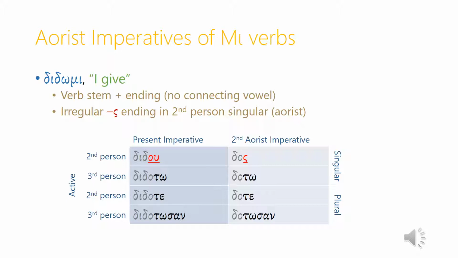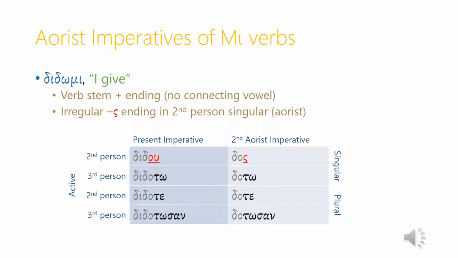Notice on the one hand that instead of the verb stem plus a connecting vowel and then the ending, we just have the verb stem with the ending jammed right onto it, because the verb stem itself ends in a vowel that can act kind of like the connecting vowel.